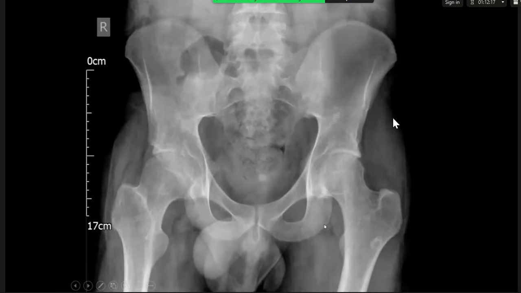Having a look at the lower lumbar spine for any evidence of ankylosing spondylitis, I can't see calcification of the ligaments. Looking at the femoral heads bilaterally, I can't see any evidence of avascular necrosis. There's no evidence of enthesopathy in the pubic symphysis or the pubic rami bilaterally.